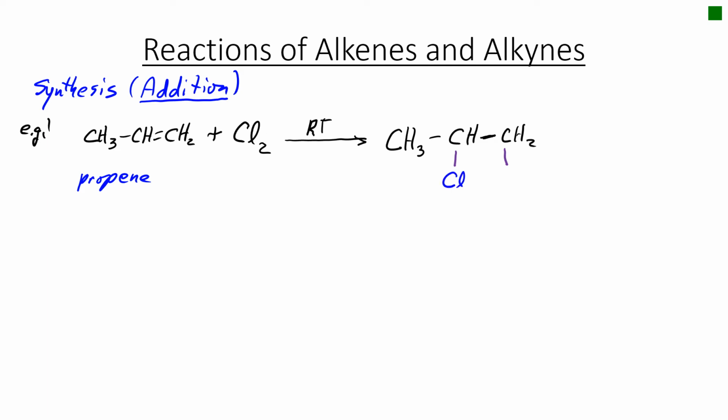The other chlorine atom goes on the other carbon. And so now what we have in name is 1,2-dichloropropane. The double bond is gone. The second bond or pi bond has been broken, and we have chlorines attached where the pi bond used to be.